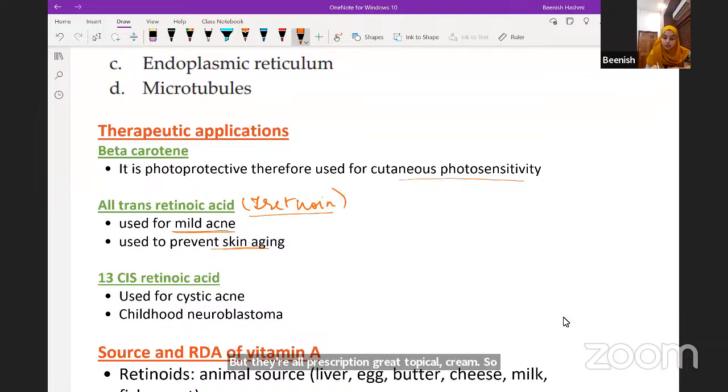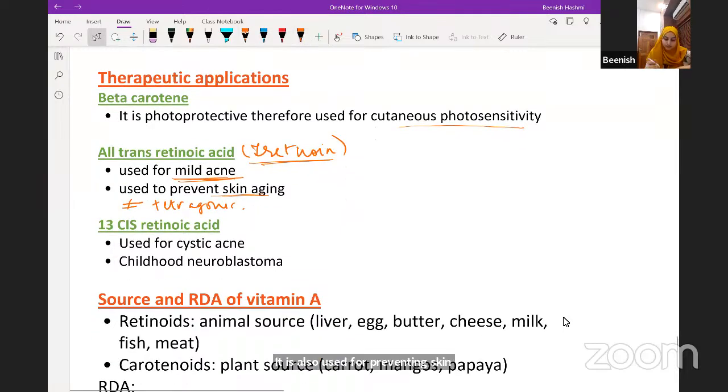So tretinoin is used for treatment of mild acne, and it is not teratogenic. It is also used for preventing skin aging. And then you have 11 cis retinoic acid.